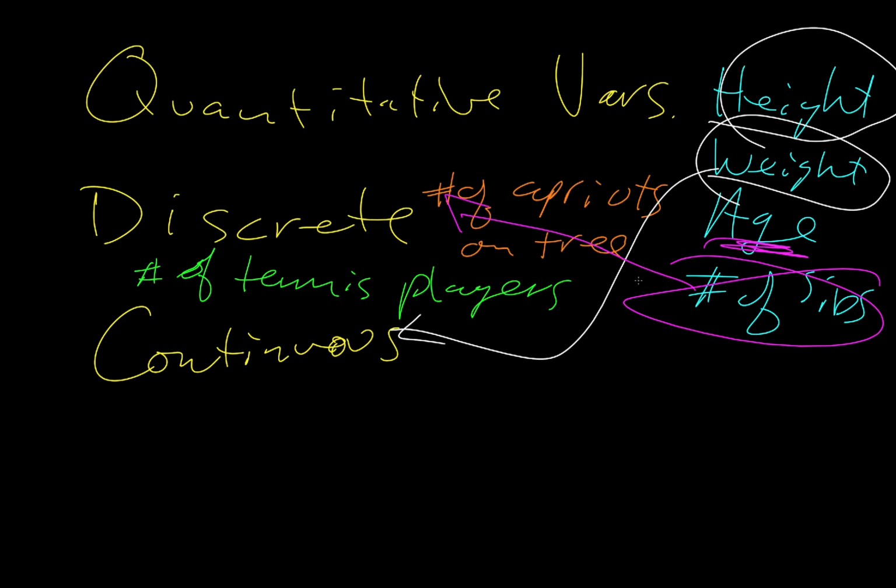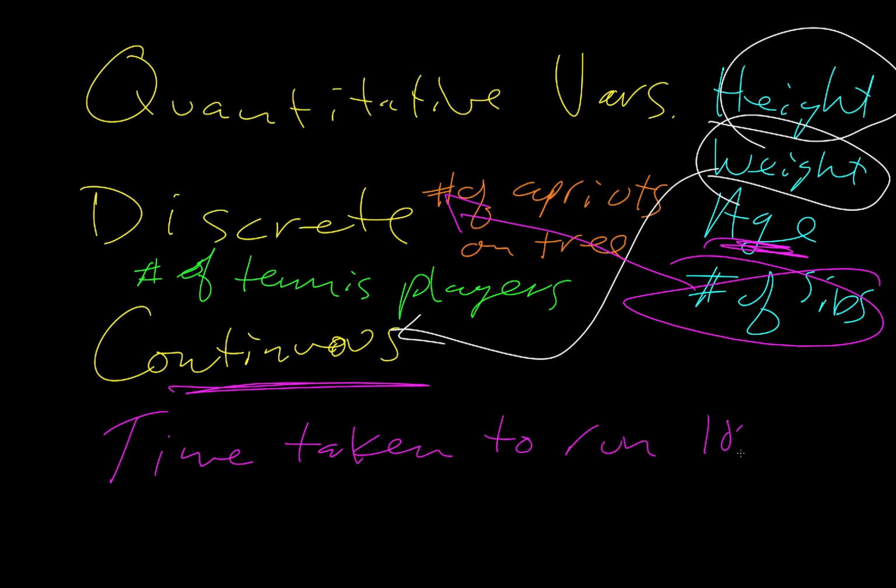Now the book gives the example, for a continuous, of the time taken to run a 100-meter race. So we'd have a large range of values that we could do for that.